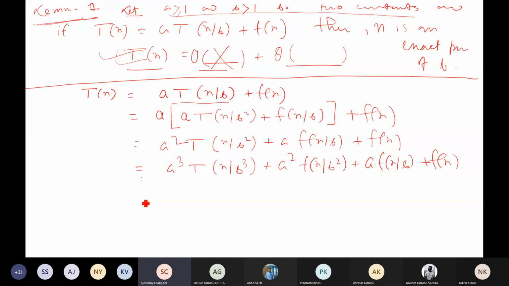So if we go on iterating this term, this can also be done by using the recursion tree. Here this is iterated up to the third.